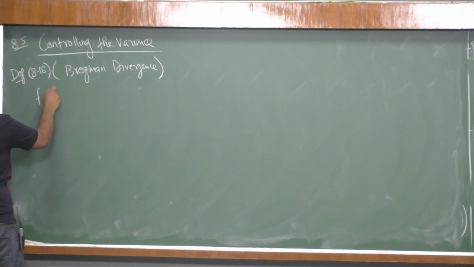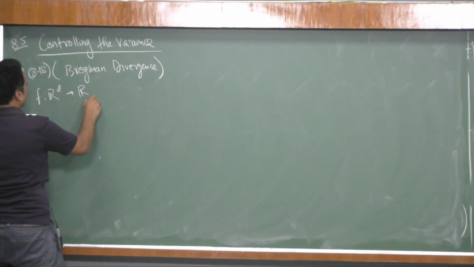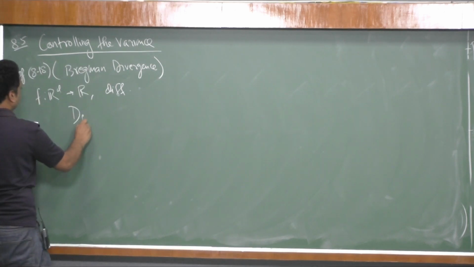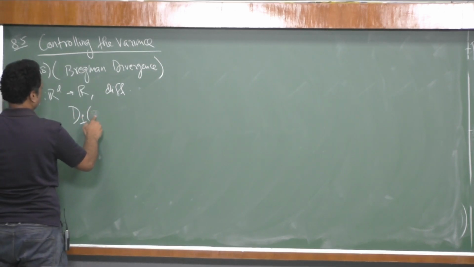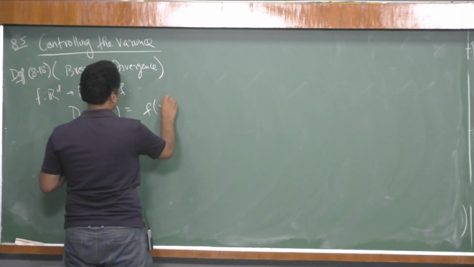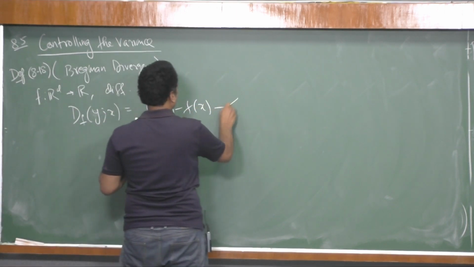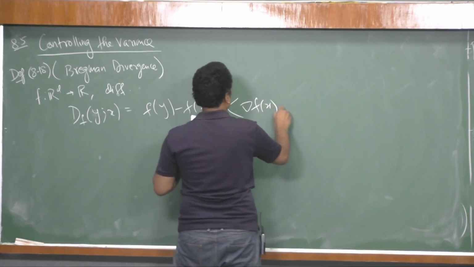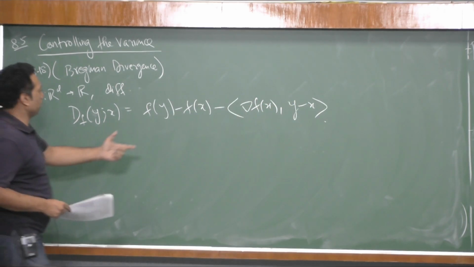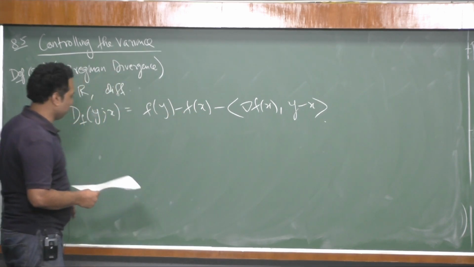Let f from R^d to R be differentiable. Then define the Bregman divergence as D_f(y, x) equals f(y) minus f(x) minus grad f(x) times (y minus x). This looks familiar: if f is convex, then the Bregman divergence is supposed to be greater than or equal to 0, and so on, right?